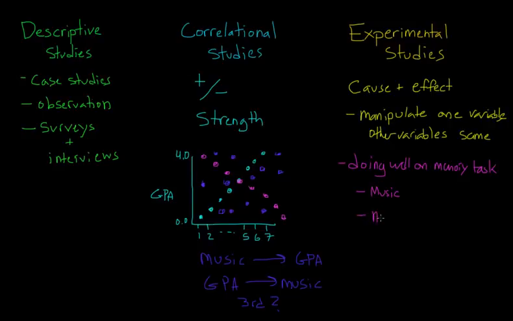We'll have a no music group, which will be the same thing, except that they won't be listening to any music. And then let's add another group. Let's just add maybe a white noise group, or maybe a background noise group. Because it's entirely possible that listening to anything, not necessarily music, might be influencing how well people do on a memory task.